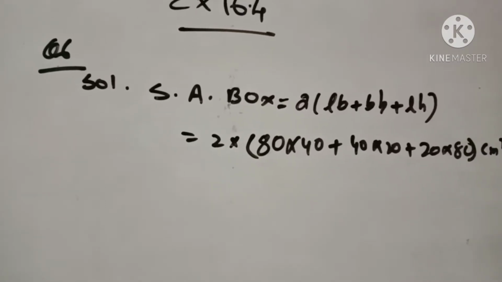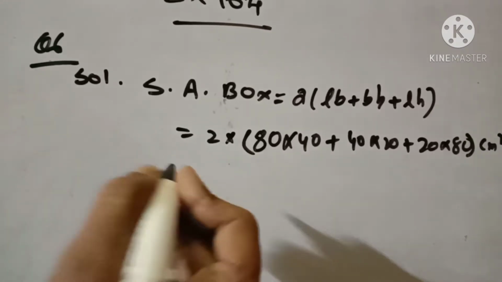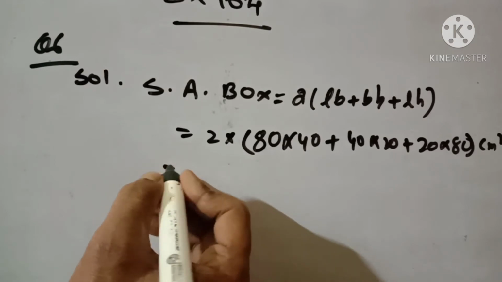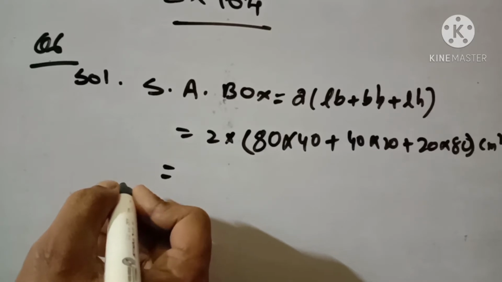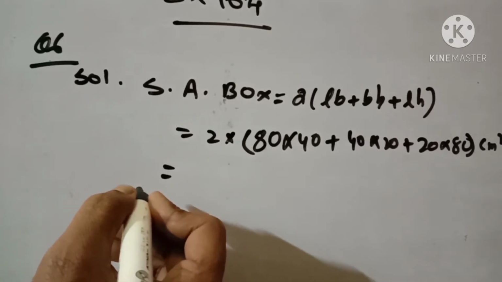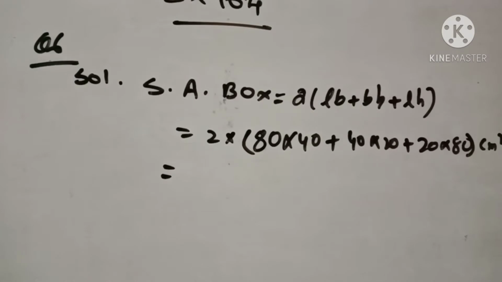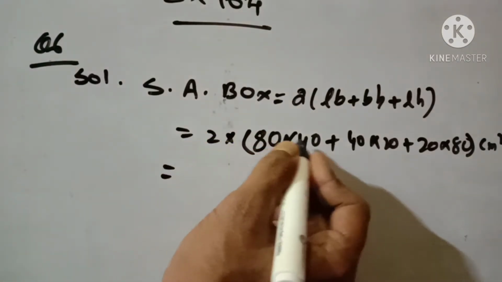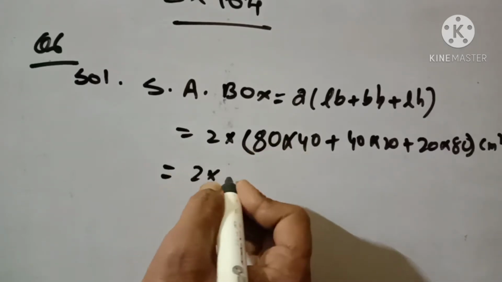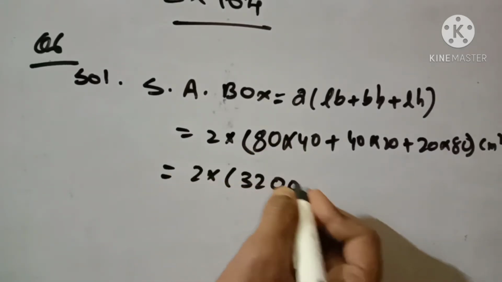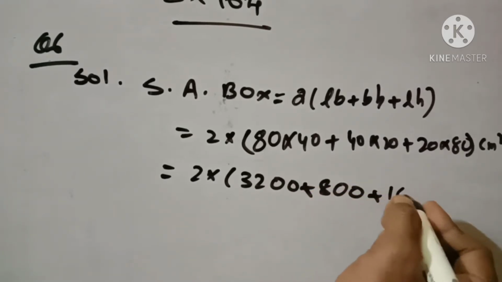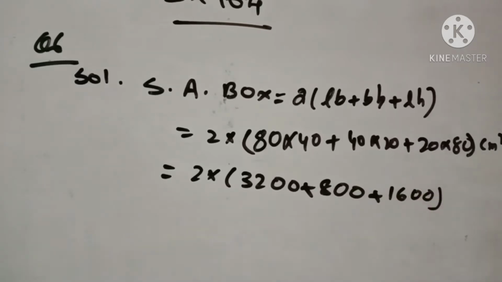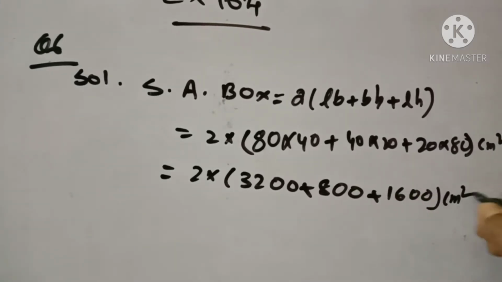Now we can multiply this part. After multiplying, we get 3200 plus 800 plus 1600 centimeter square.